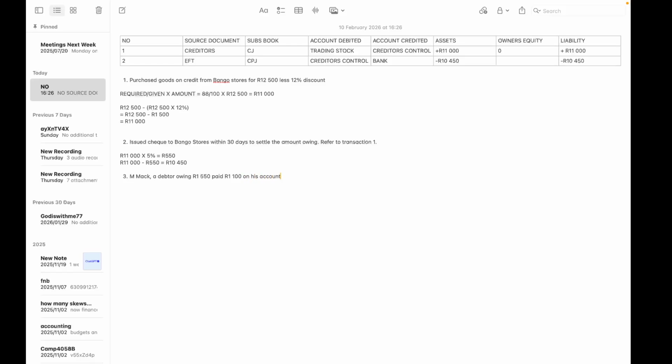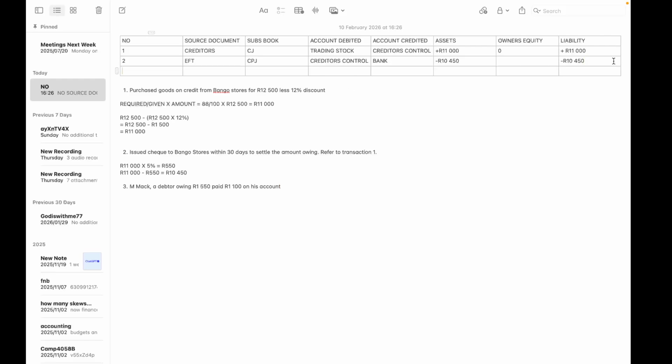So MMAG, a debtor. A debtor is a person that owes us money, right? It's a receivable. It's a debtor, a person that owes us money. Has paid us 1,100 from 1,550, right? So how are we gonna account for this?